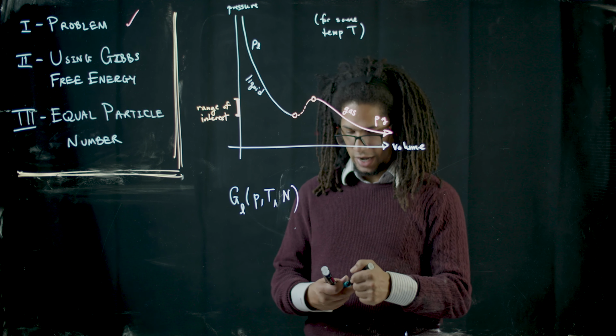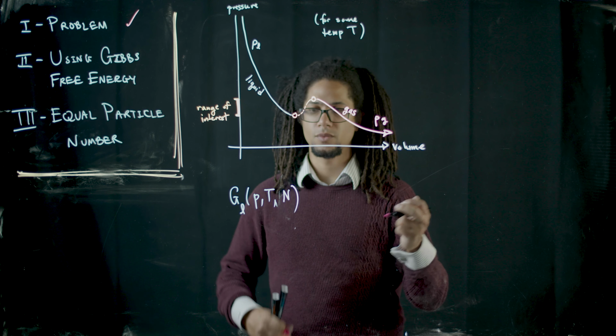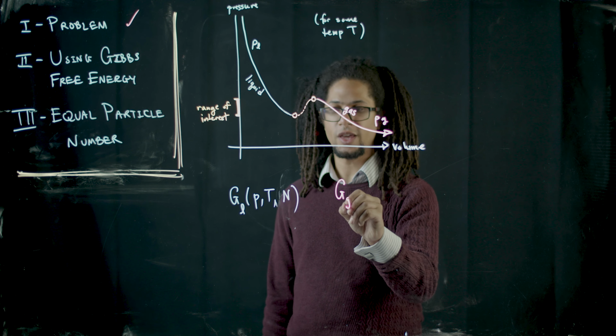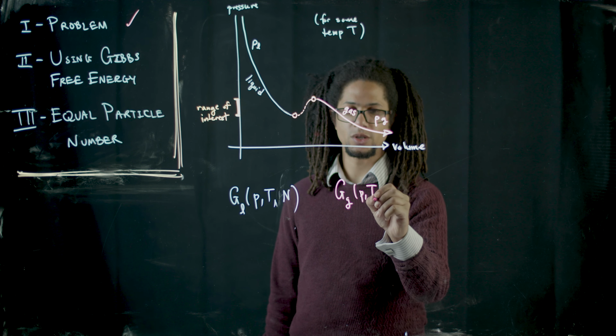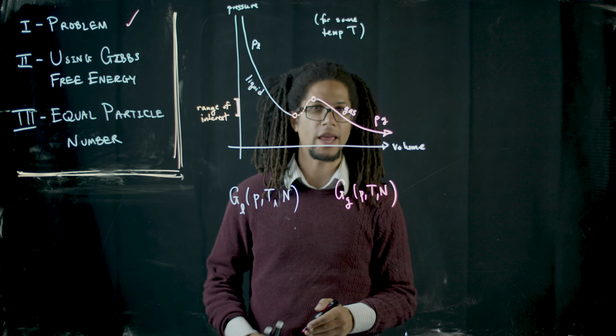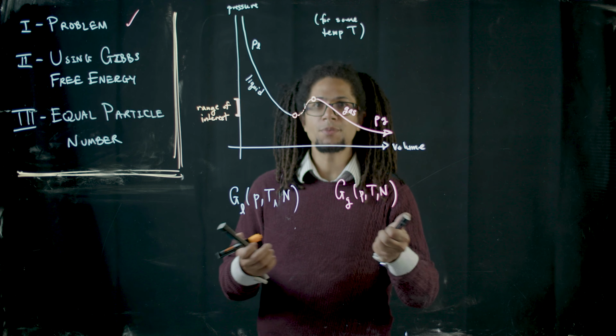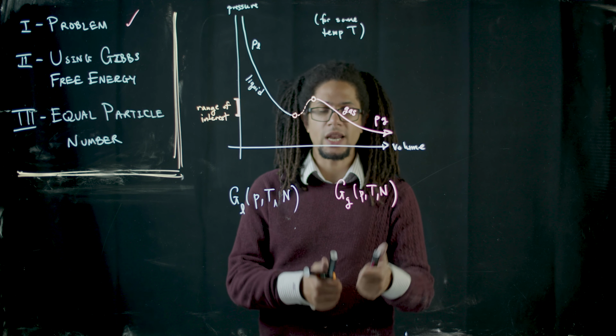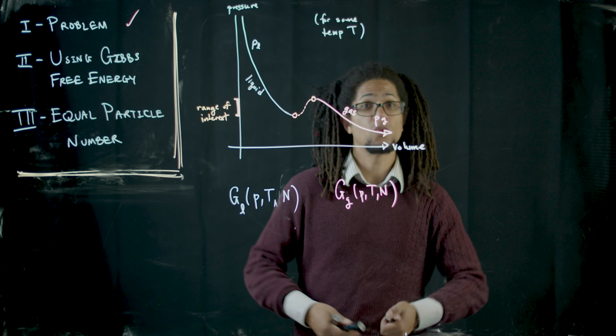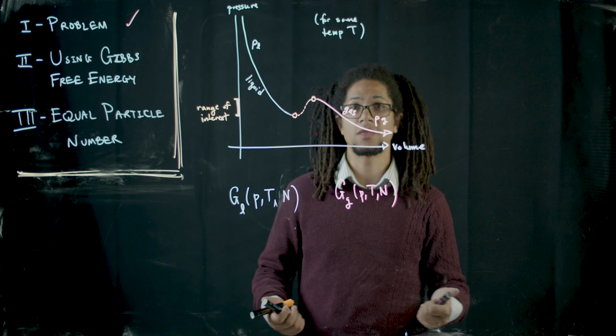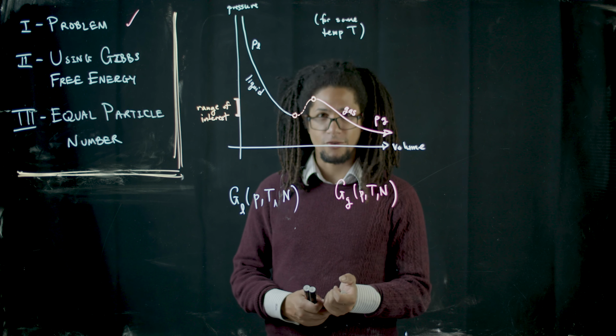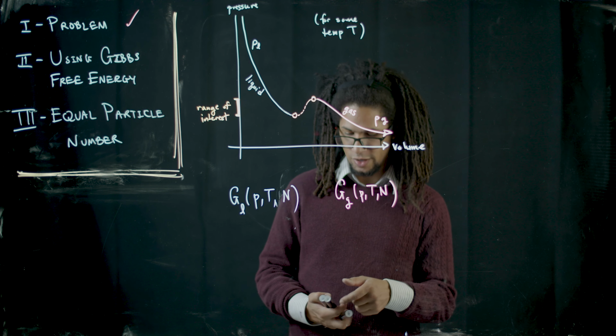And then on the other side, we'll have G for the gas phase, also a function of the same P, T, and N. Now, the Gibbs free energies for a given P, T, and N for the liquid and gas phase will not necessarily be the same thing. However, we can say the following.